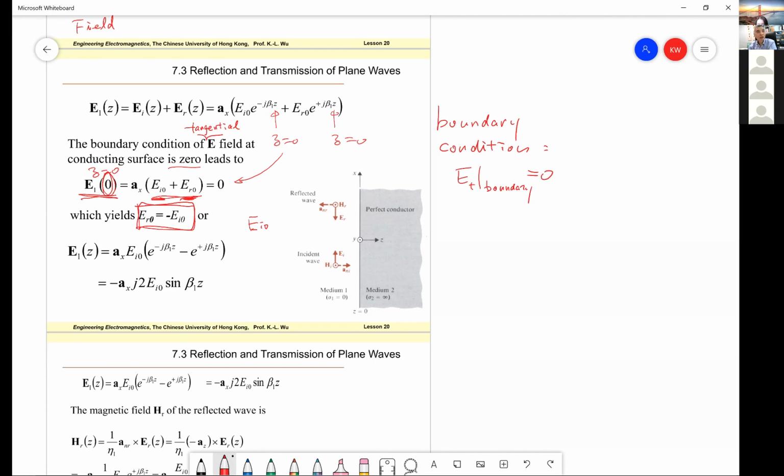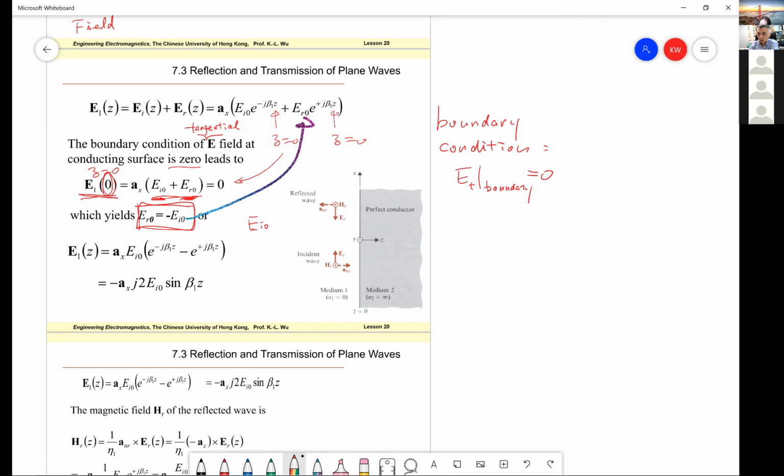What that means is the magnitude of the reflected wave equals minus the magnitude of the incident wave. Then we substitute this relation into the general expression of incident wave plus reflected wave.